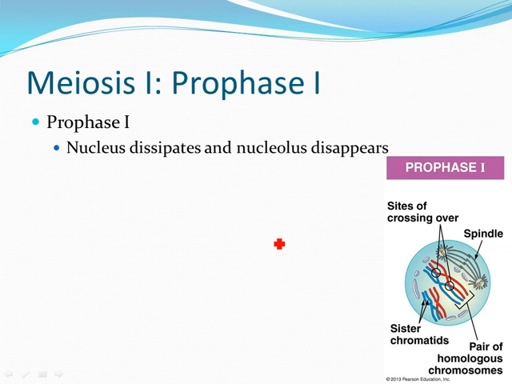So in prophase 1, very similar. The nucleus dissipates, the nucleolus disappears. What else happens in prophase in mitosis? The centrioles go to opposing poles. But also, what you guys were saying, chromatin becomes, two sister chromatids become what?